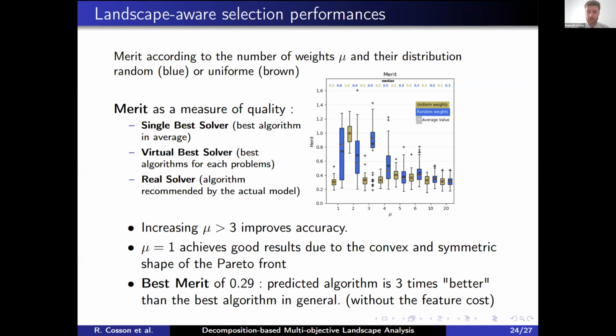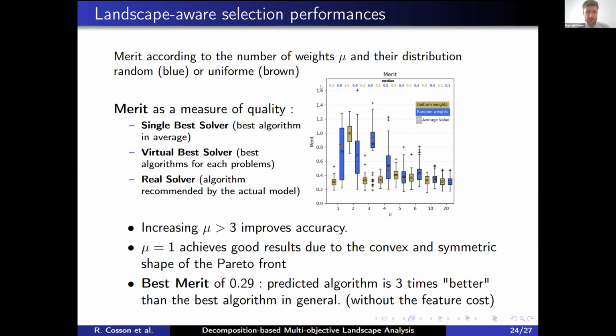And secondly, we also explored what happens if we do not take a uniform distribution of sub-problems when decomposing the problem to compute the features. So here, the blue box corresponds to a random distribution of sub-problems, and the brown box corresponds to a uniform distribution of sub-problems. And this is for when we increase the number of sub-problems used in the features.